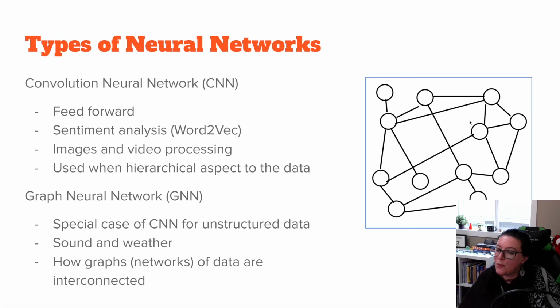We can use these graph neural networks for things like sound and weather, so we can see how one weather event impacts another weather event, another location, or another type of event. Same thing with sound. And so these graph networks of data look at that interconnectedness between events or people. Okay. So graph neural networks, a big new area in neural networks.